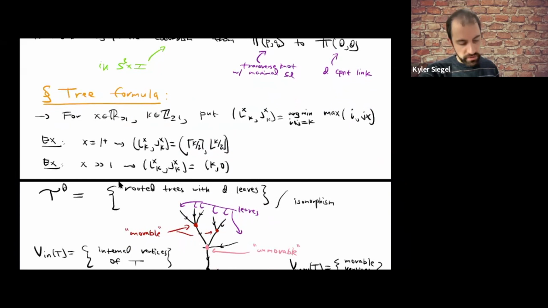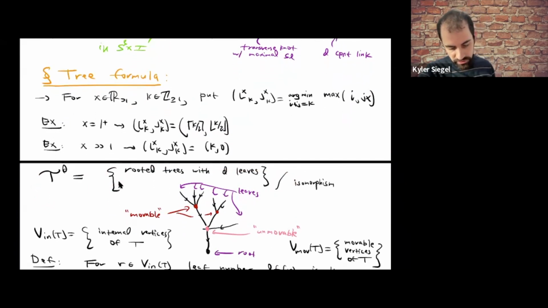Let T_D denote the set of rooted trees with D leaves. A rooted tree is just a tree in the sense of graph theory.